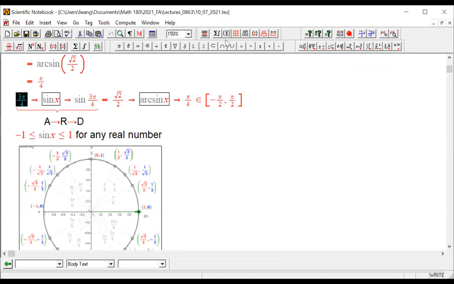The angle is the input. You measure from the standard position, and that's the terminal side, 3 pi over 4. R is the reference angle. The reference angle is pi over 4 right here. D is the definition: sine of 3 pi over 4. You take the blue number. That's the ARD I refer to. You follow me?